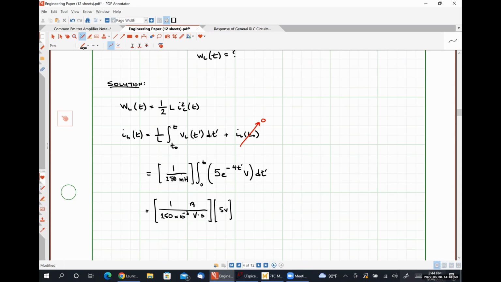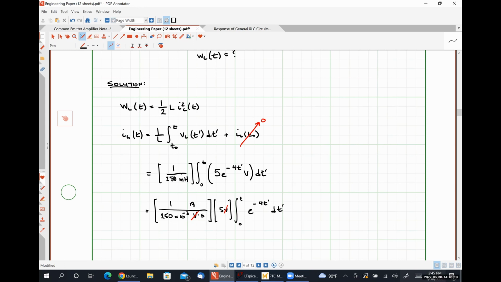And we can see that the units of volts here cancel out the units of volts here. Then we're going to have the integral from 0 to T of e to the negative 4t prime dt prime.